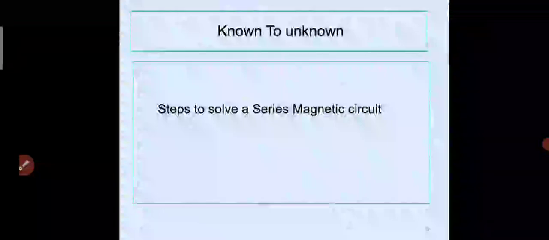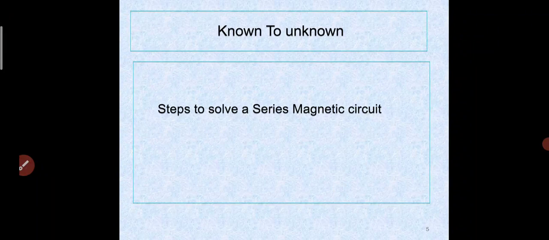The ampere turns for various parts of the magnetic circuit have to be calculated separately. To calculate ampere turns, the following steps are to be followed in general.